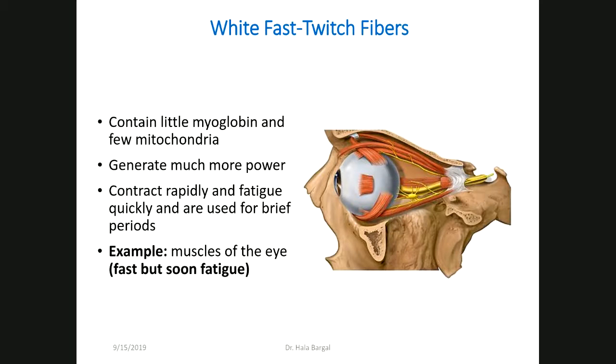Imagine that you want to look laterally or upward or downwards. This movement just takes a second, right? So the amount of myoglobin in the eye muscle will be small. Also, it needs few mitochondria, because it needs little energy, right?